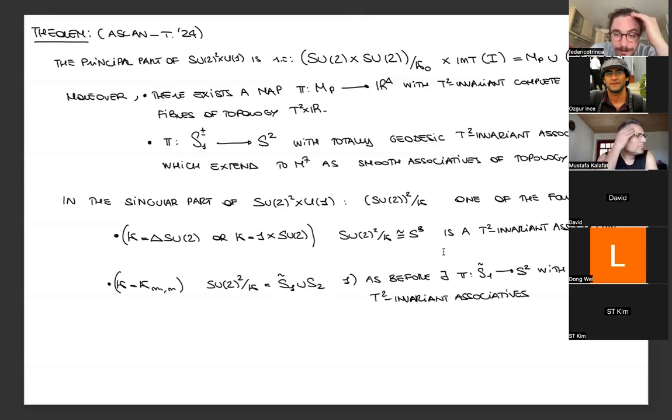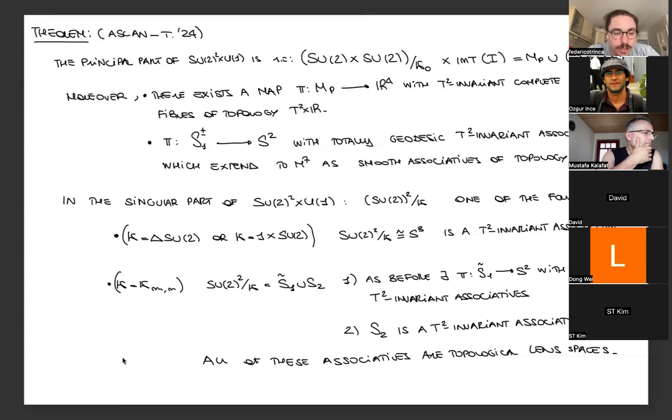So for the S1 tilde part, then we have once again a mapping to S2 with T2-invariant associatives, and S2 is a T2-invariant associative.